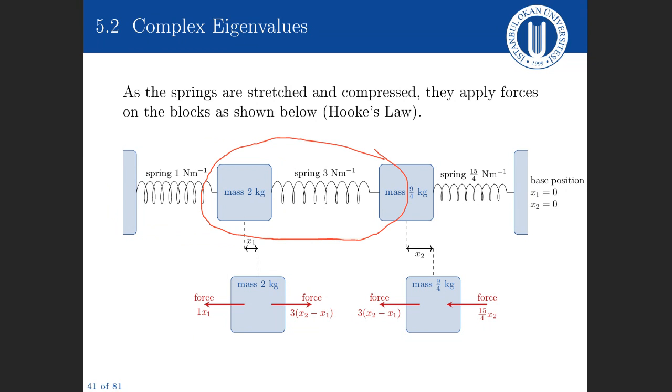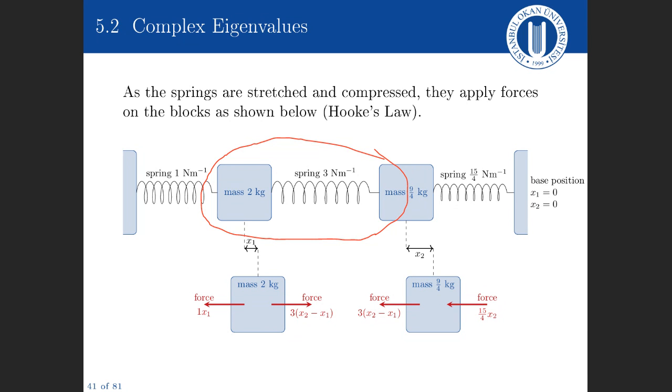There's a second spring attached to the left block. The middle spring is attached to the left block. And this spring is going to be pulling the block to the right. The spring constant is now 3. How much is the spring stretched by? It's stretched by x2 minus x1.